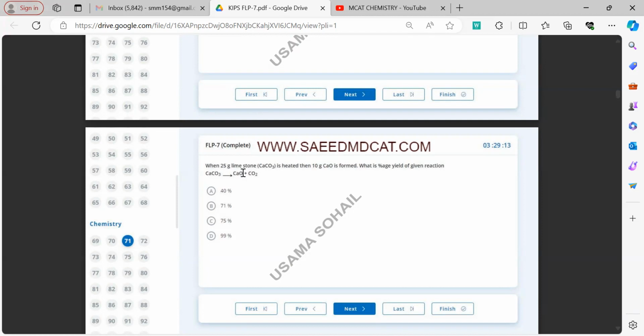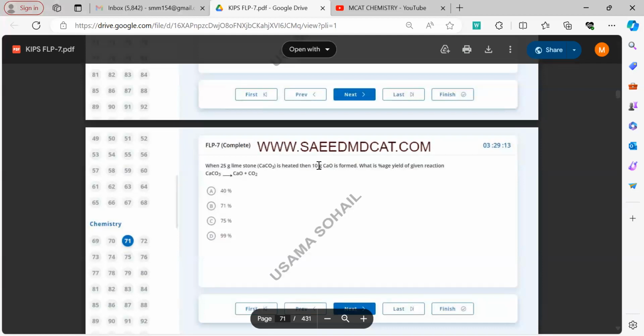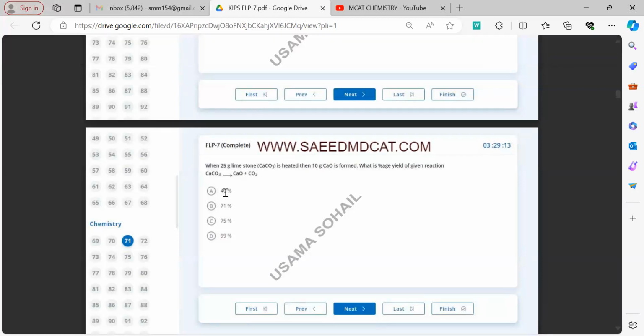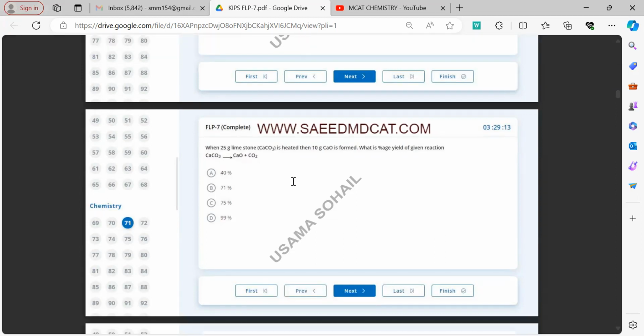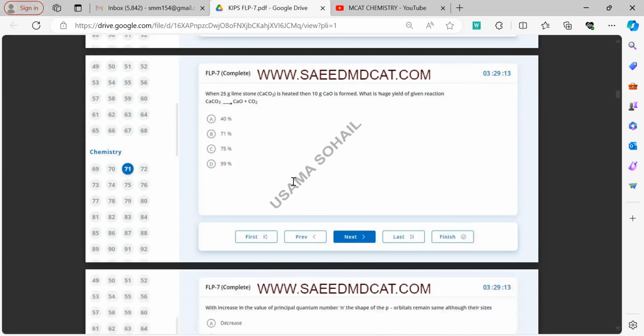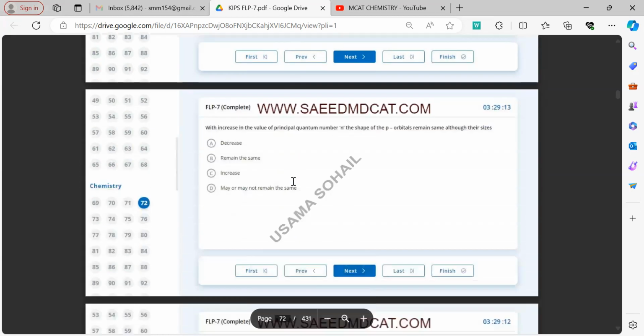By calculating the mole to mole ratio, we'll also calculate the respective moles of calcium oxide. We know that they both have a 1 to 1 mole ratio. So we'll be able to calculate the amount of moles which will be obtained after the reaction completes.